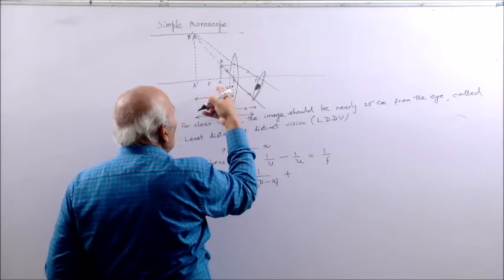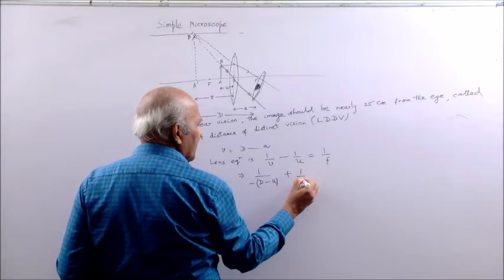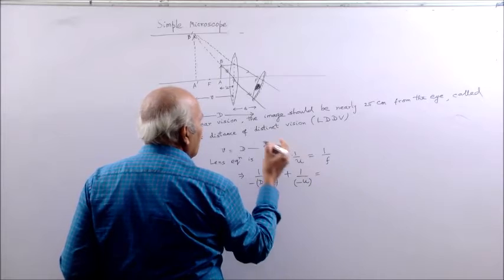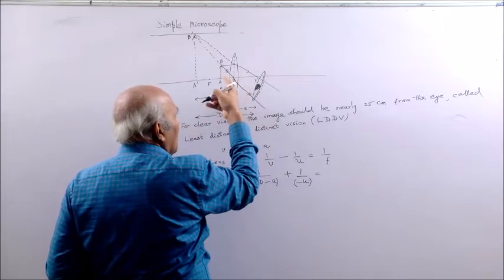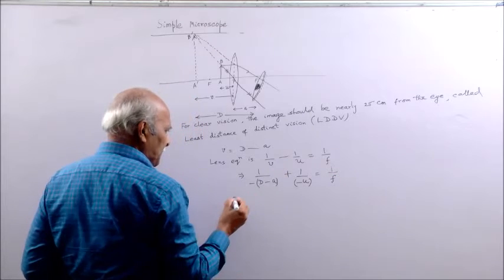Similarly, U is measured from right to left due to sign convention, so it is also minus U. Then the focus is on the right-hand side, so it is positive.